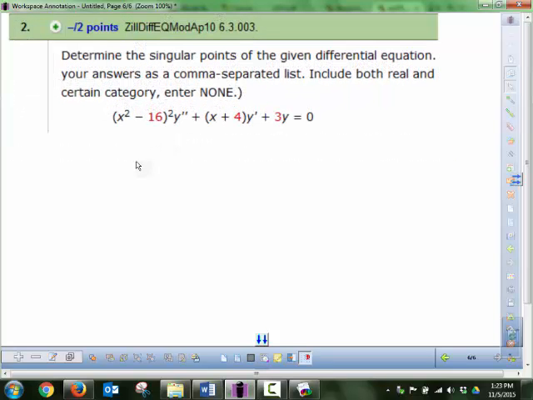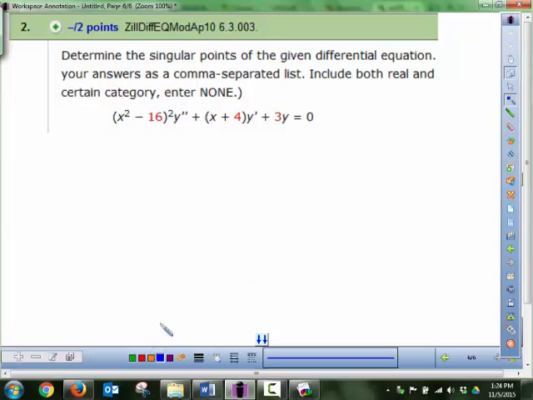We've got x squared minus 16 quantity squared, and y double prime, and then x plus 4 y prime, and then 3 times y, that we're all adding to equal 0. So that's our DE. Let's take a look at this.